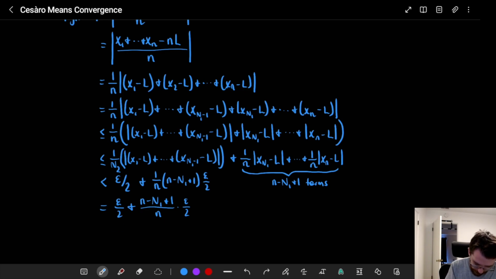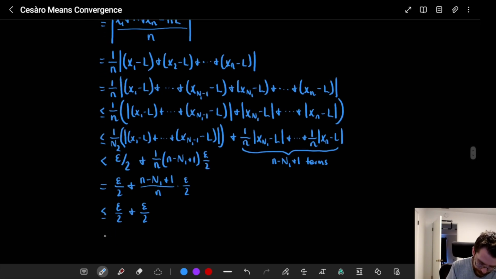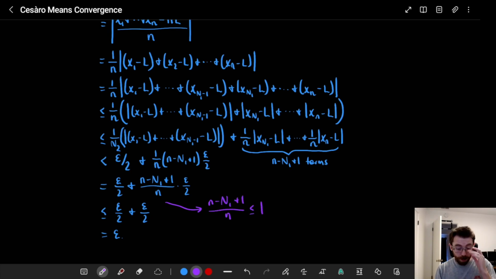You can believe that because, let me just write something down. So that's the claim. That's, of course, equal to epsilon. So if what I've written is true, then we've finished our proof. So I'll just write over here as a note, this is because n minus N1 plus 1 over n is less than or equal to 1.